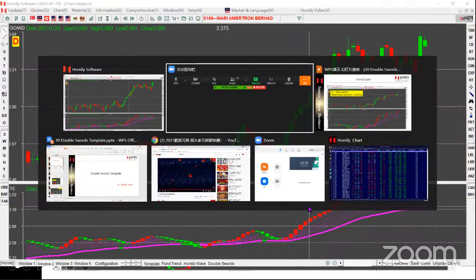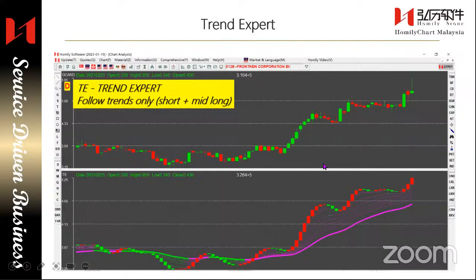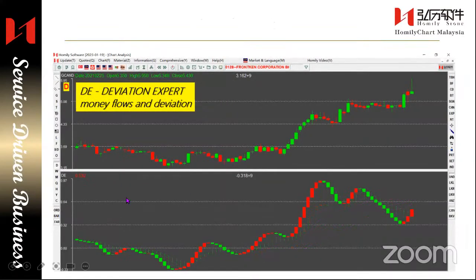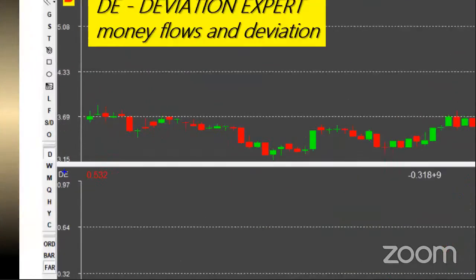Okay, how about the second indicator? The second indicator inside the template, you see DE, called DE. This is the short name of deviation expert. It has the same meaning as divergence.